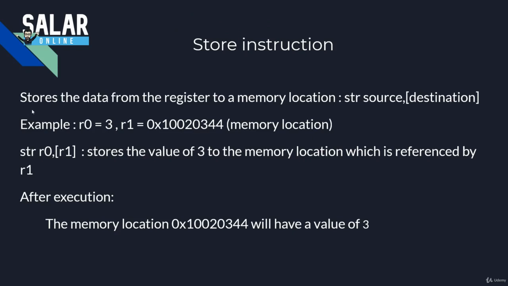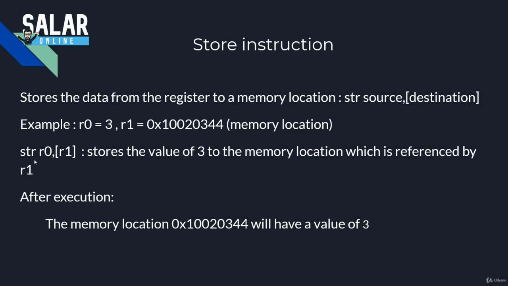So the store instruction stores the data from the register to a memory location, and this is the syntax. It is different from all the syntax we have seen in the previous videos. If you look here, this is the source and this is the destination, and we can look at the example here. Here R0 contains 3 and R1 contains a memory location.